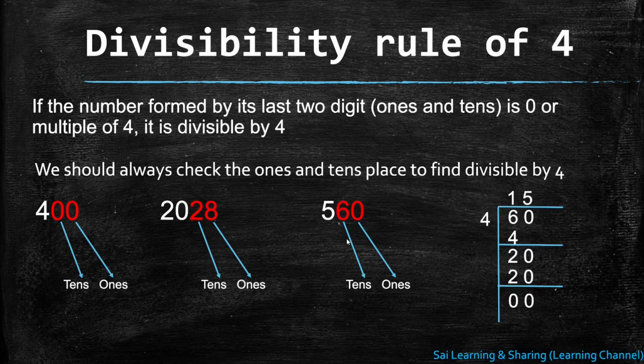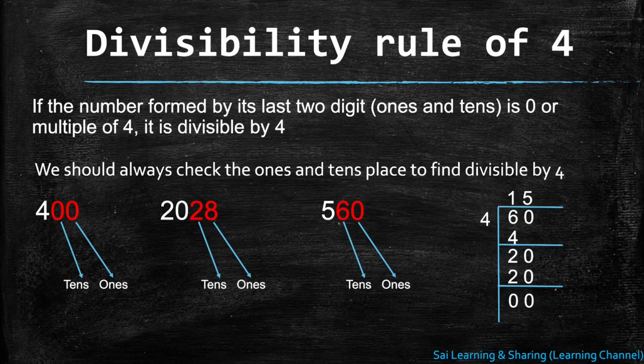And the next question is really important, 560. If any number goes above 40, we should divide, because we are learning the divisibility rule of 4, and 4 multiplied by 10 is 40.